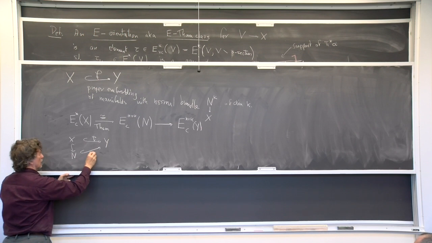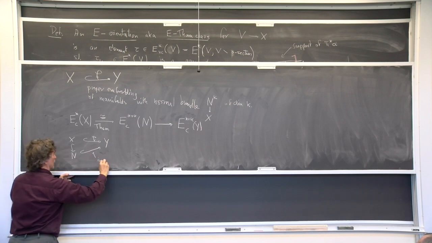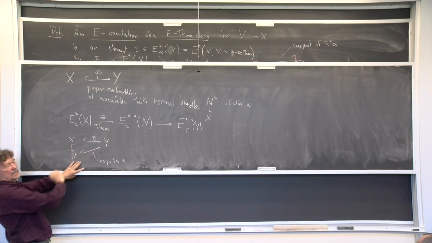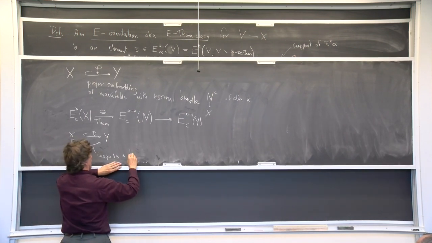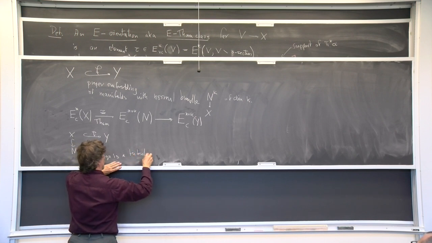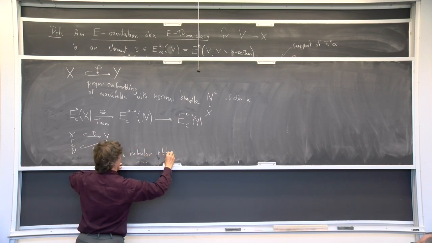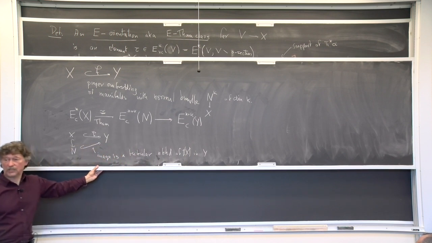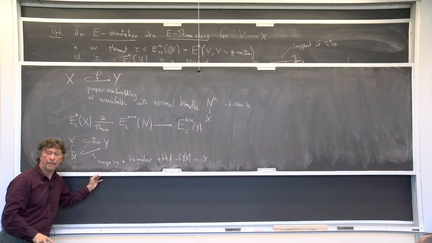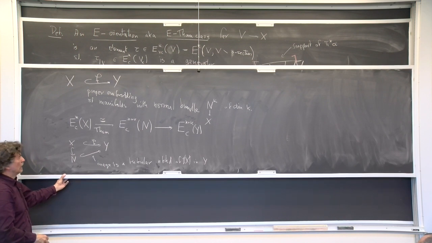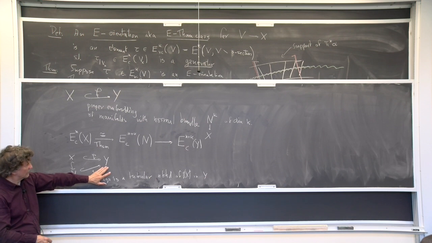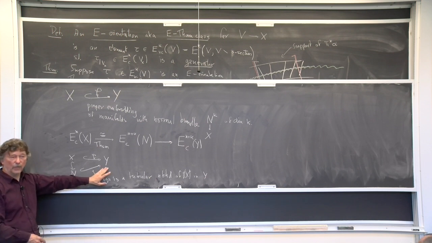The image is a tubular neighborhood of X inside Y, or f of X in Y. Should I draw a picture of that, or is that pretty clear for everybody? Okay. So I can think of N as sitting as a codimension 0 submanifold of Y.